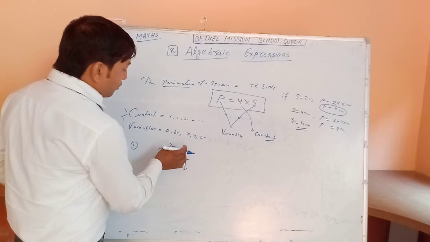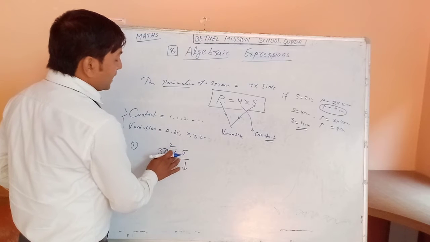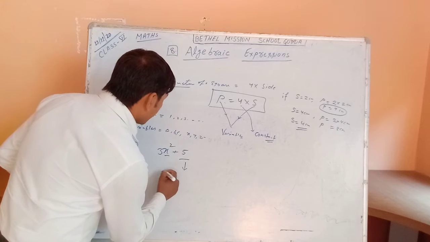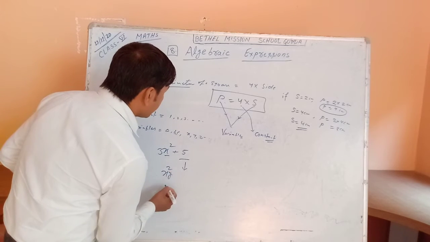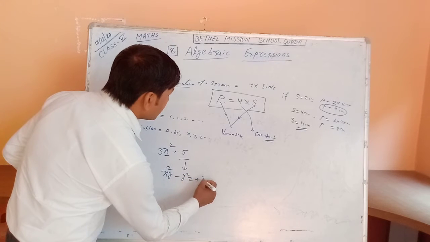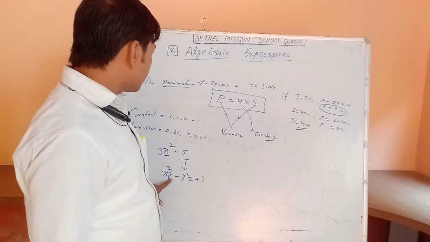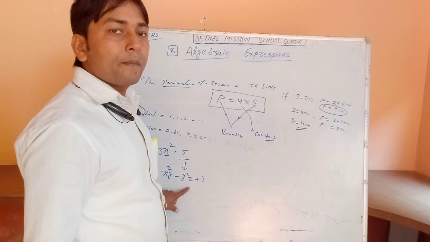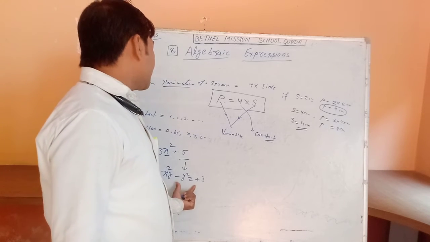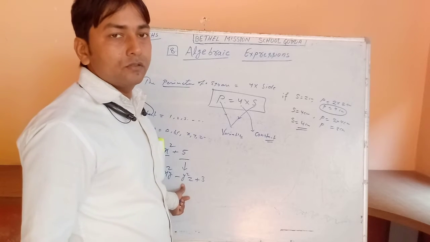But when we use variables or constants with plus or minus or whatever, I take one more example. Suppose x square y minus y square z plus 3. Here three terms are taken, and two mathematical symbols, plus and minus, are used.